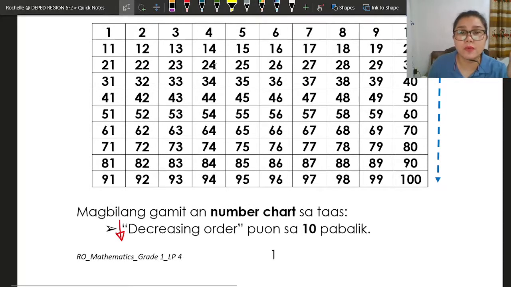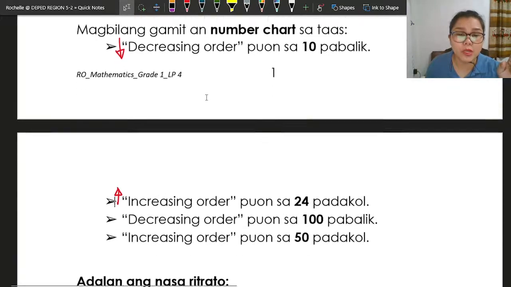Increasing means you're going to go to your right. So, 24, 25, 26, 27, 28, 29, 30. Next row, 31, 32, 33, 34. So that is increasing from 24 onwards.